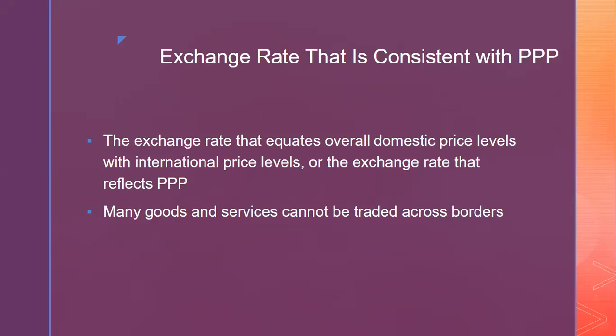If we come to the third definition, that is the exchange rate that is consistent with PPP. This definition stresses the purchasing power parity theory. The exchange rate that equates overall domestic price levels with international price levels, or the exchange rate that reflects purchasing power parity, we say that is the equilibrium exchange rate.